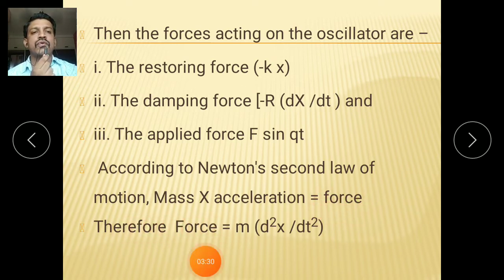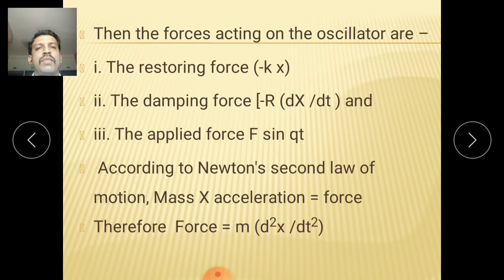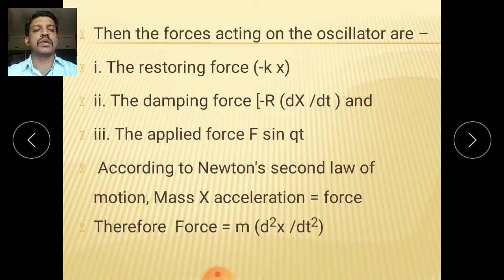Here mass is shown by m, and d2x upon dt square is acceleration. Why is this acceleration? Because x is the displacement, dx by dt is velocity, and d2x by dt square is acceleration.